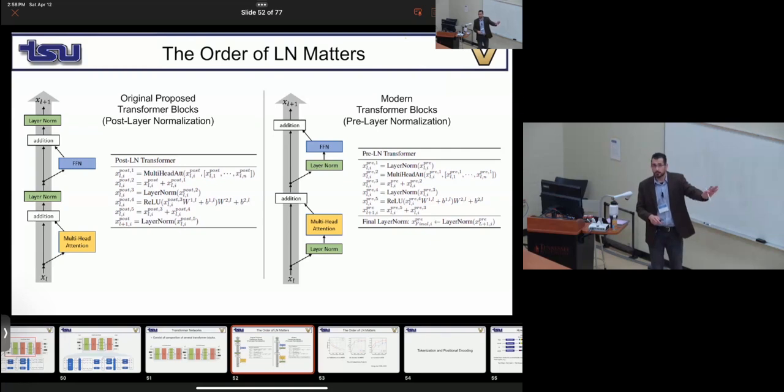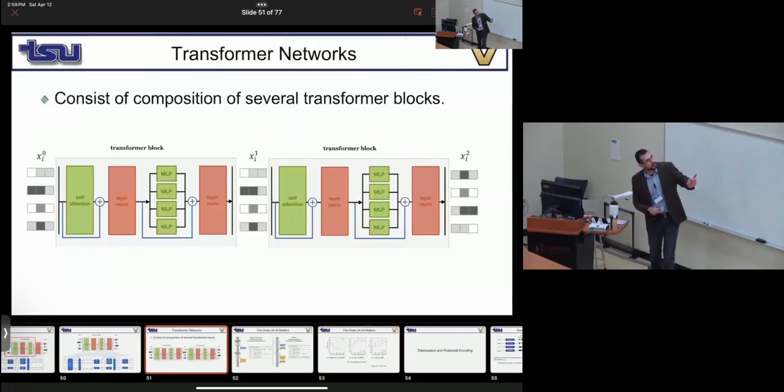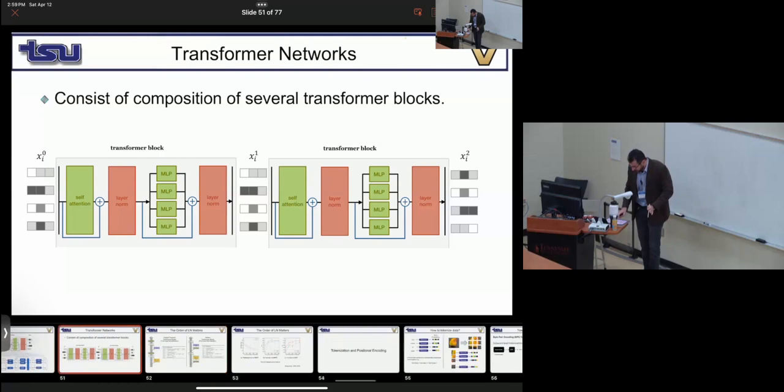They have a theoretical reason behind why they proposed this, and they showed that in many different applications, putting the layer normalization before attention performs better. That's the only change since 2017. So today, when we talk about transformer blocks, these layer normalizations must be moved before attention and before the MLP.